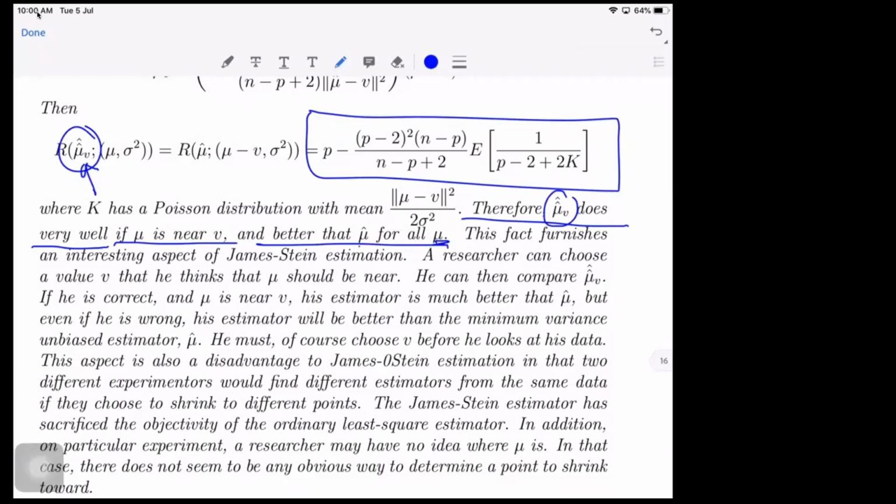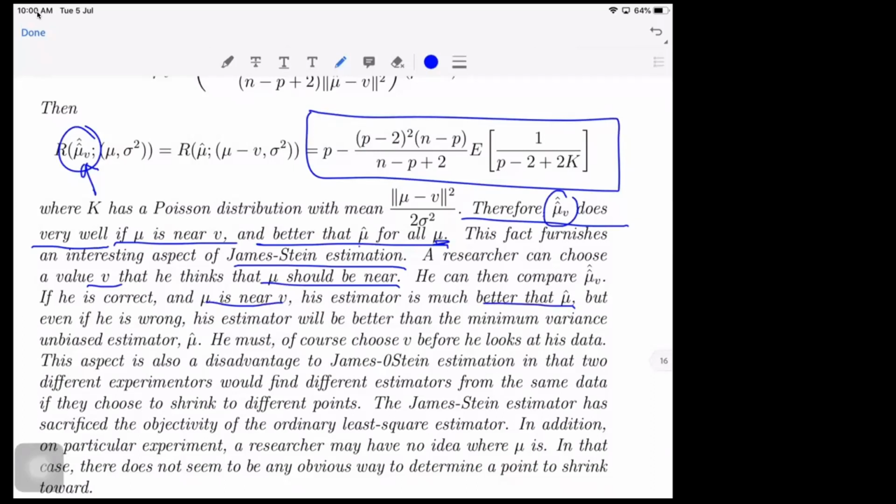This fact furnishes an interesting aspect of James-Stein estimation. A researcher can choose a value V that he thinks mu should be near. He can then compute mu hat hat V. If he is correct and mu is near V, his estimator is much better than mu hat.